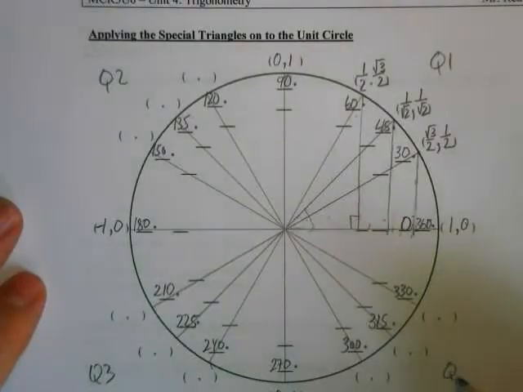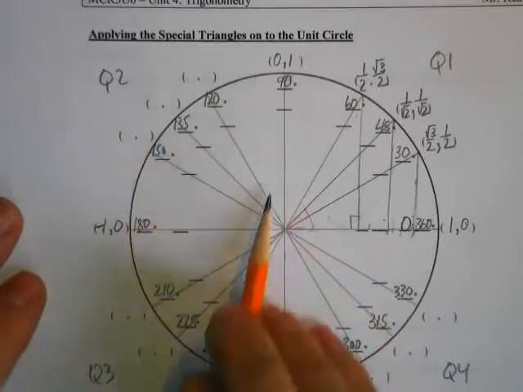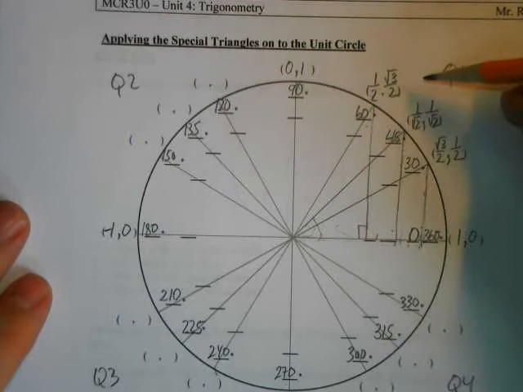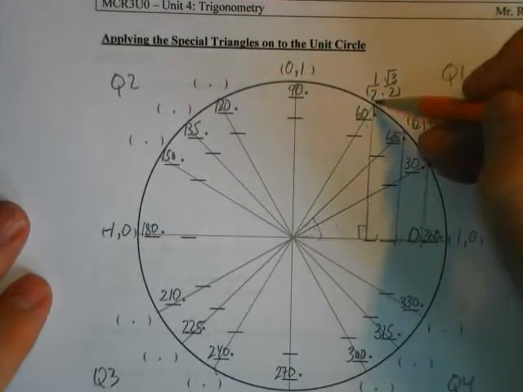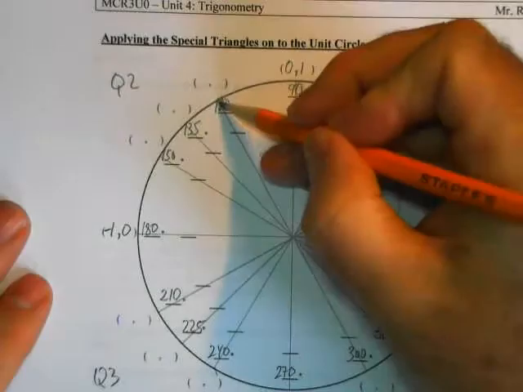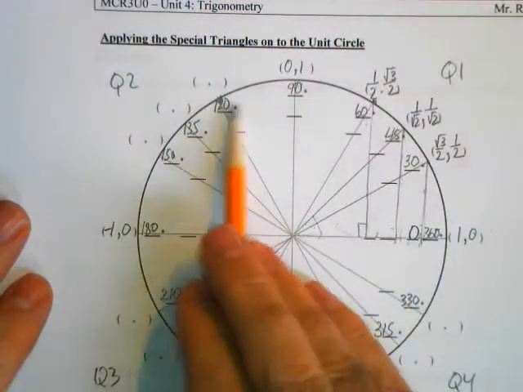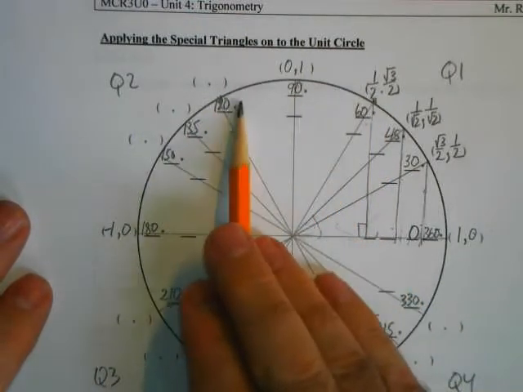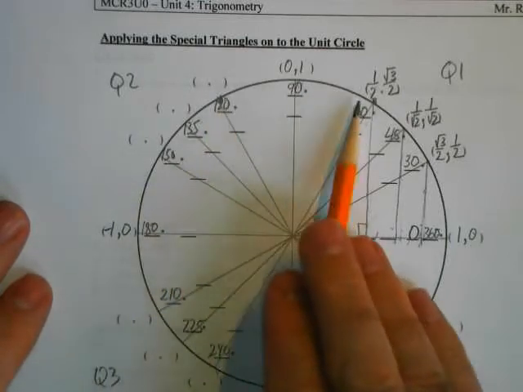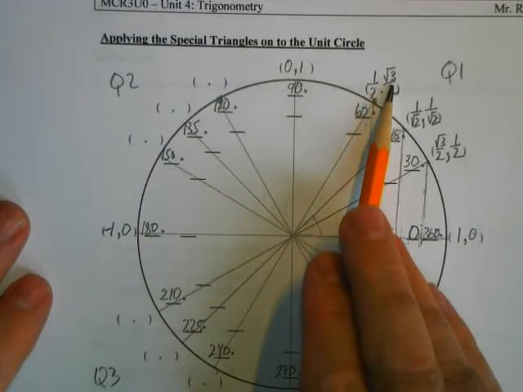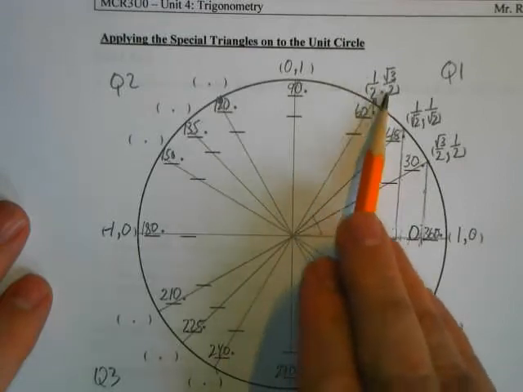quadrant 4. Okay, if I go over to quadrant 2, this arc over here, I can think about some similarities here. So if I'm comparing this point here, which I know, to this point over here, and I ask myself, what do these 2 points have in common? I can see they're going to have the same y-coordinate, because it's the same height as over here. So I can basically copy the value that I've already got for this point here.